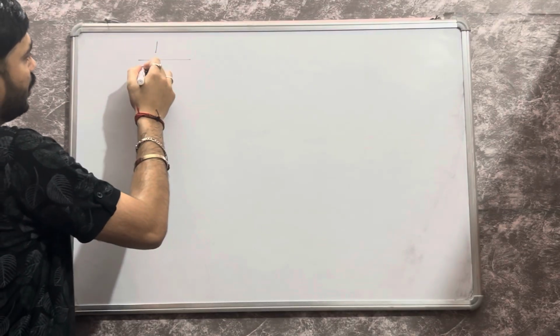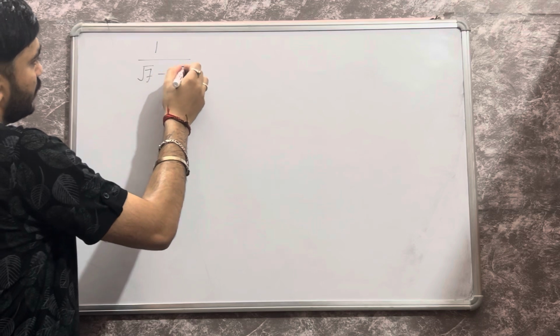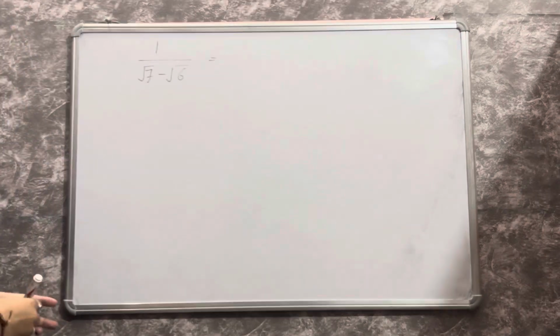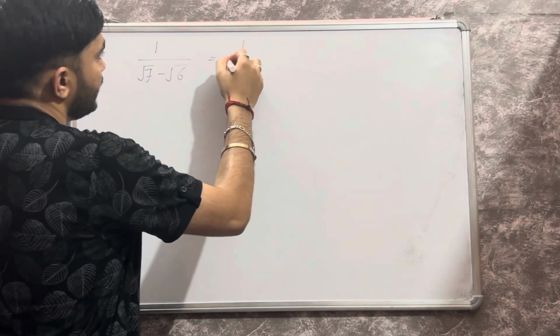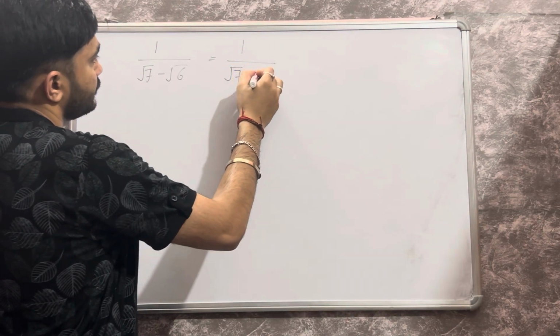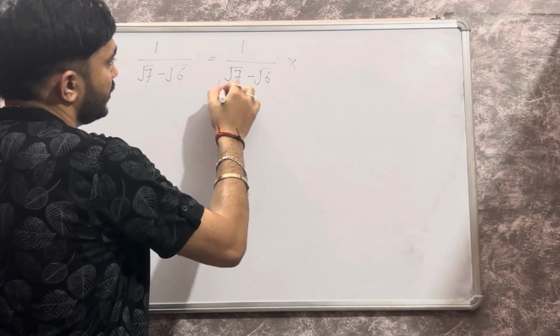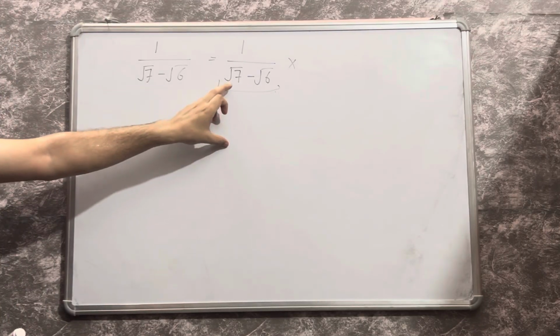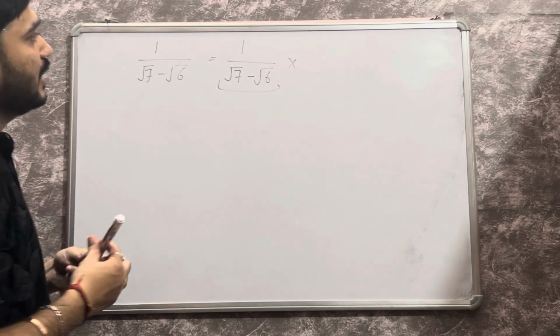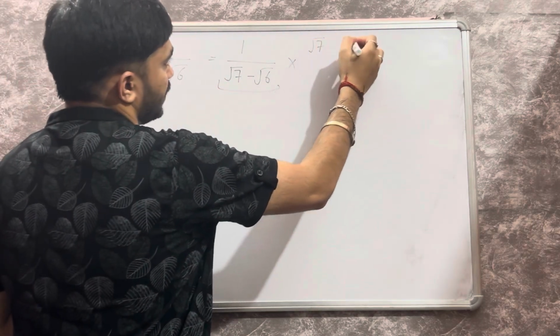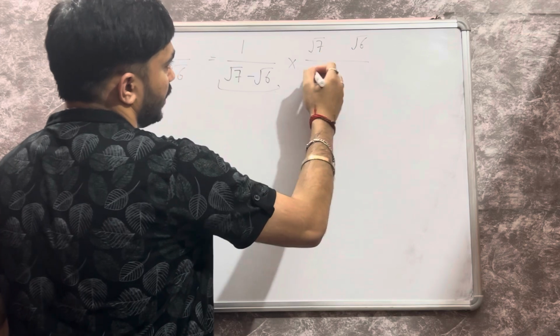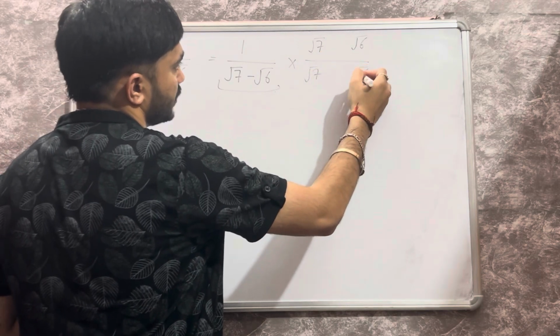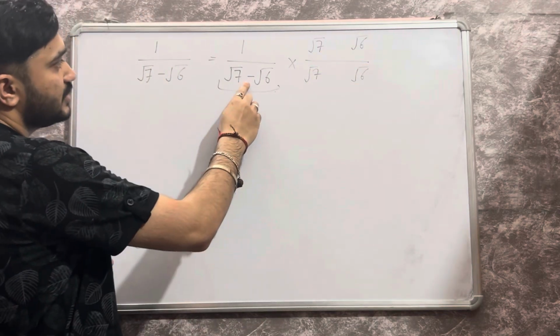What if you have to rationalize 1 upon under root 7 minus under root 6? How are you going to do so? First, write this number as it is and see the denominator. Now, the denominator consists of two terms, that is under root 7 and under root 6. Write these terms as they are, under root 7 and under root 6, and change the sign.